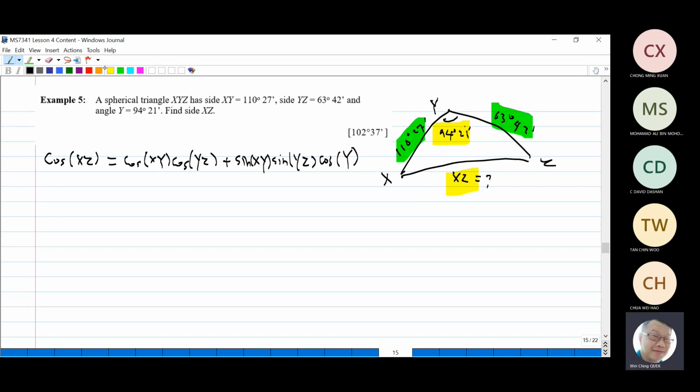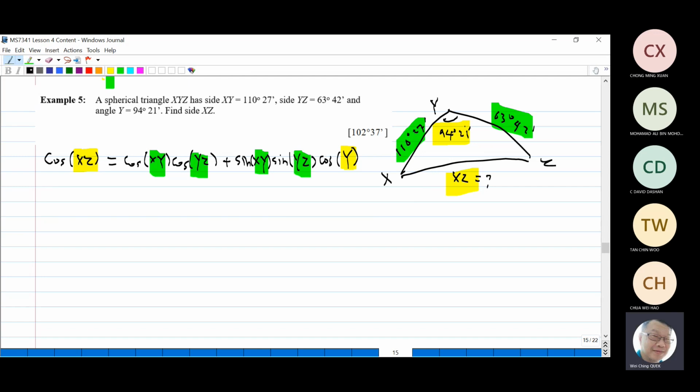So you can use the color code to see the relation here. This XZ, this Y at the center, the yellow color one, and then these are the XY, YZ, XY, YZ here.